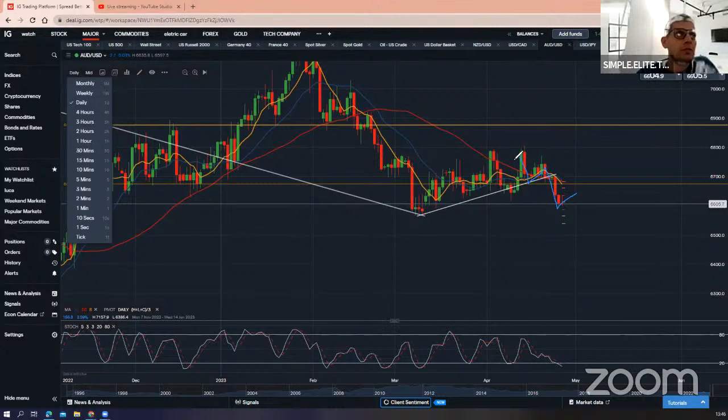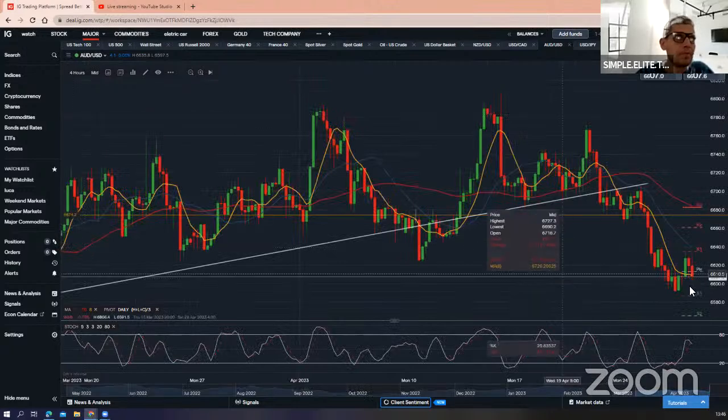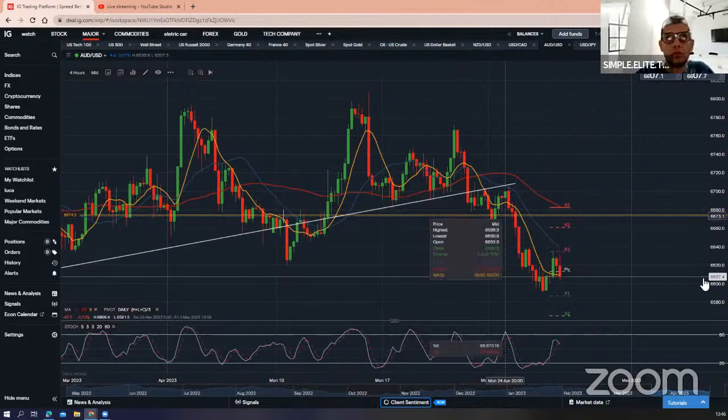If we can see a little bit of push, a little bit of retracement, or otherwise tomorrow, let's drop down the time frame. It already looks interesting, Aussie dollar.